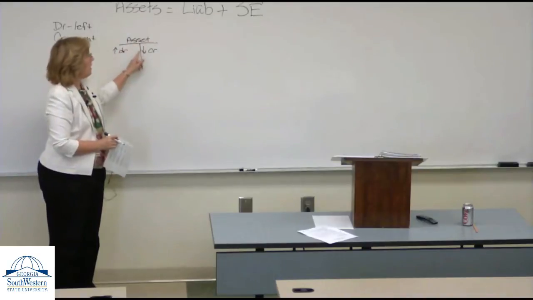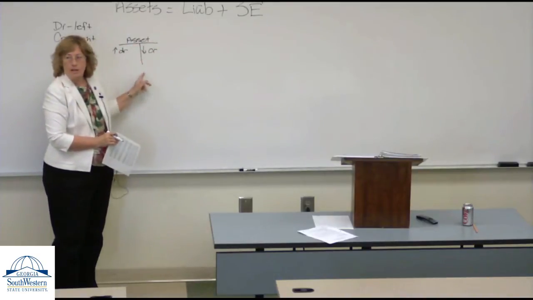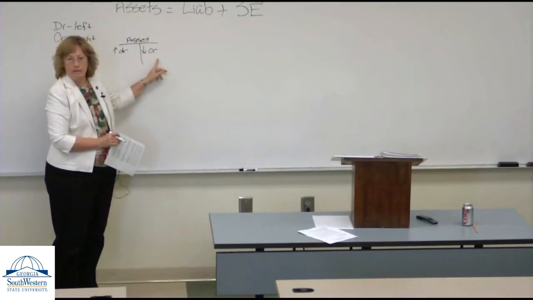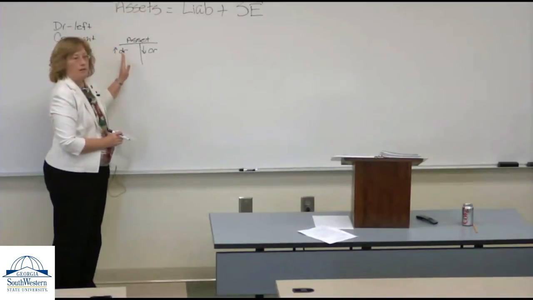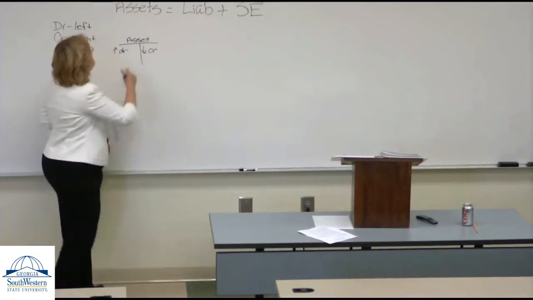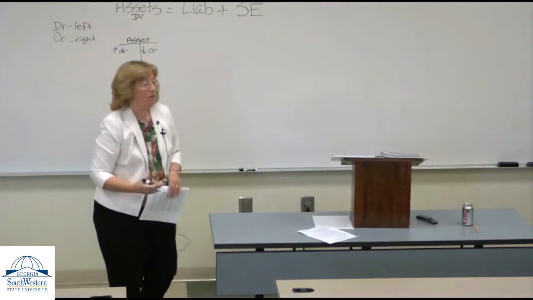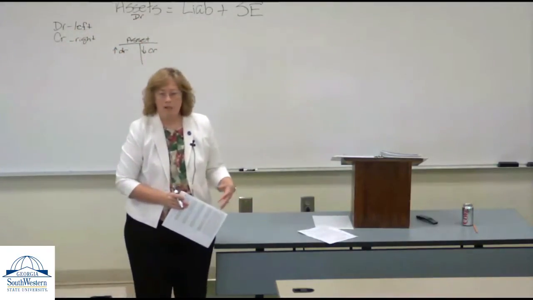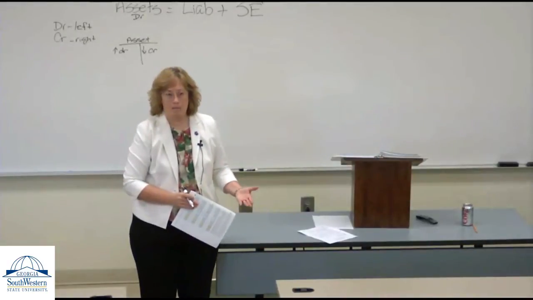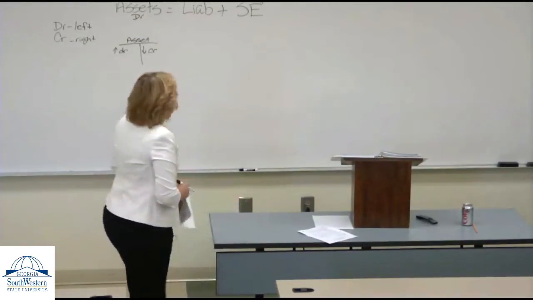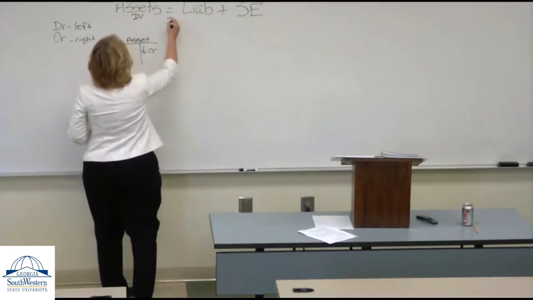Okay, so you understand how this T account works. Debits are on the left, credits are on the right. Assets increase with debits. Okay, so we can say assets we can think of as debits. In general, their most common form is debits. Okay? So this equals that.